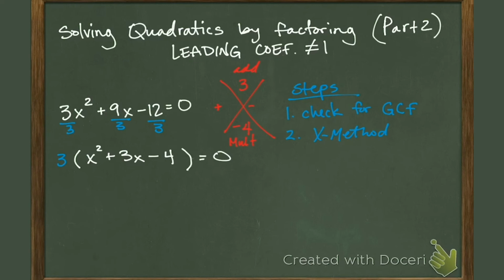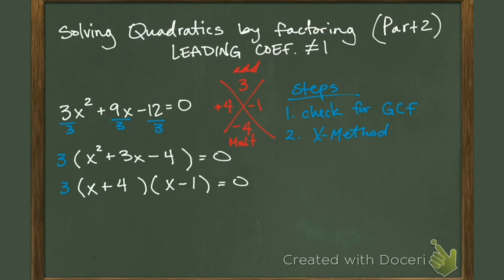Since the 3 is positive, the bigger number is positive. So we're going to go with 4 and -1 here. So the 3 stays out there. Now I just factor this like we've always done. I've got x plus 4 and x minus 1 equal to 0.